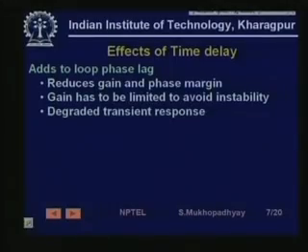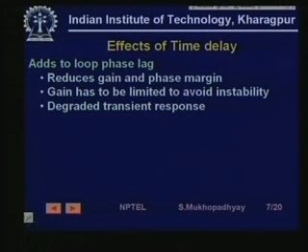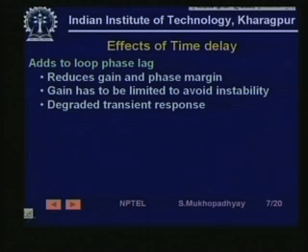Similarly, in the case of an actuator, let us again take the case of temperature control. Temperature is controlled by sending steam. You have a degraded transient response. In some cases, for example, if you are using a proportional controller and you use a smaller gain, then you are going to get greater steady state error, because in the steady state delay has no effect.